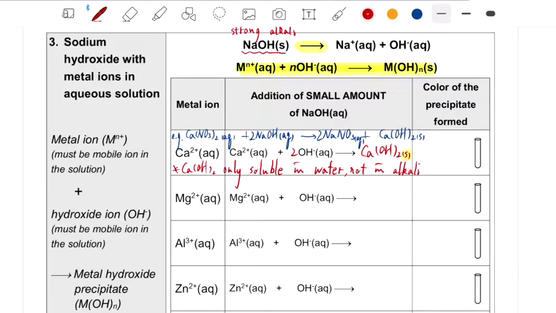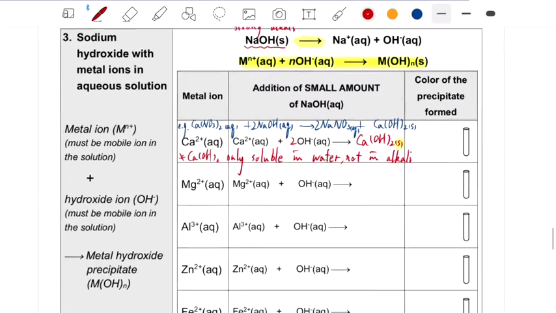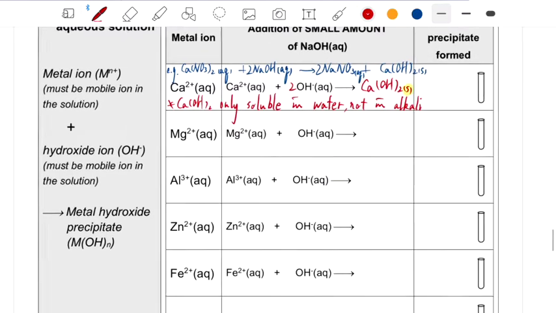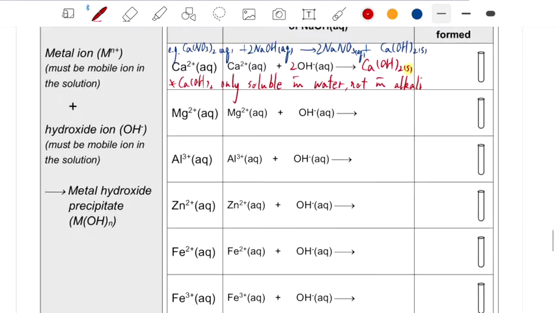If we apply the same principle, we can fill in the rest of the equations. Please pause the video now, fill in the equations on your own, and then check your answers. For magnesium, the product is magnesium hydroxide, which is also a precipitate. We need 2 hydroxide ions.